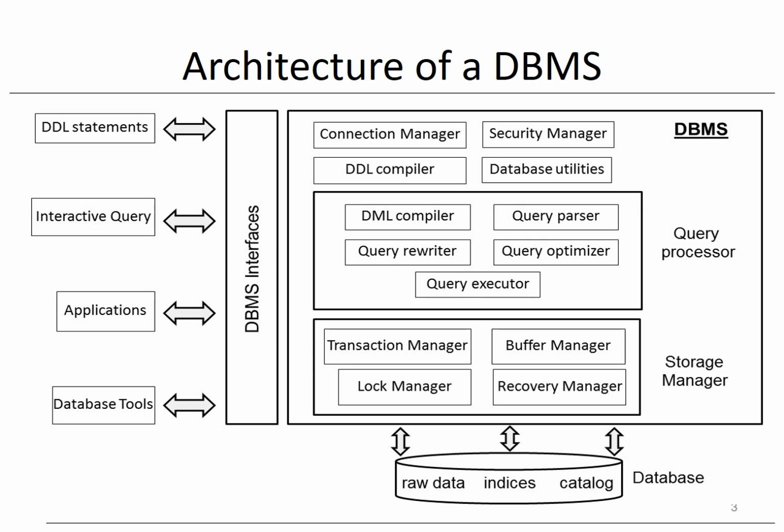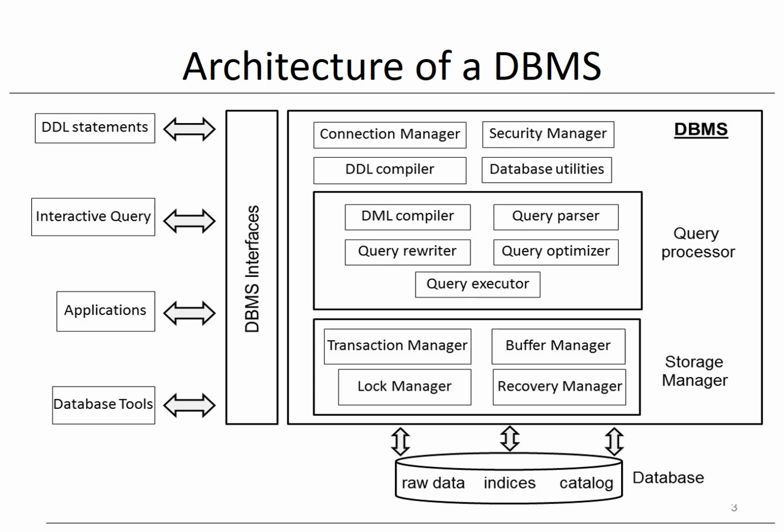The most important components are the connection manager, the security manager, the DDL compiler, various database utilities, the query processor, and the storage manager. The query processor consists of a DML compiler, query parser, query rewriter, query optimizer, and query executor. The storage manager includes a transaction manager, buffer manager, lock manager, and recovery manager.